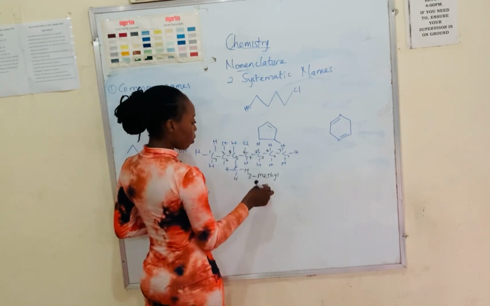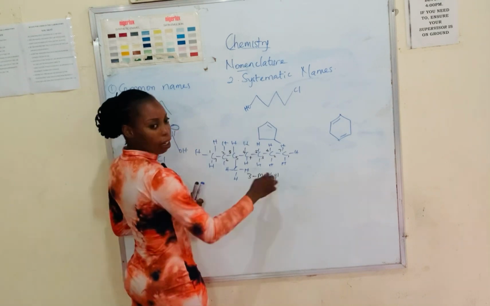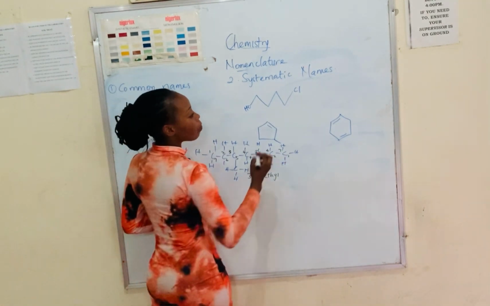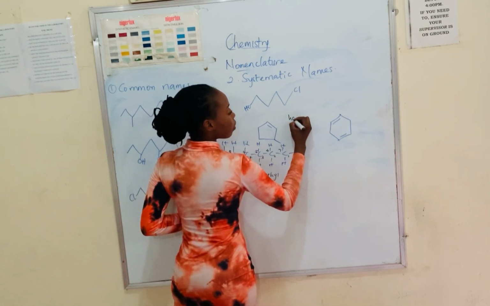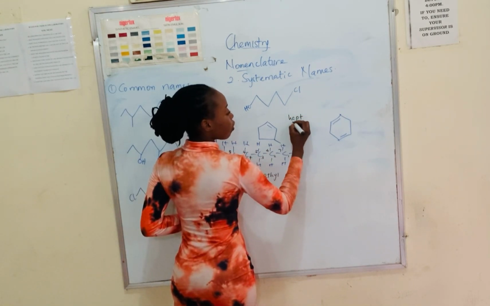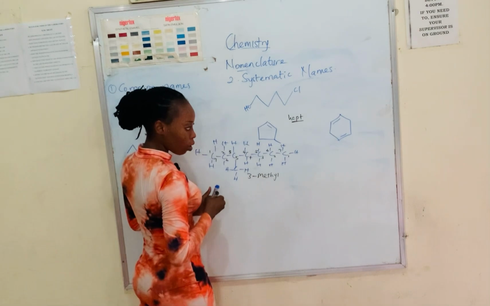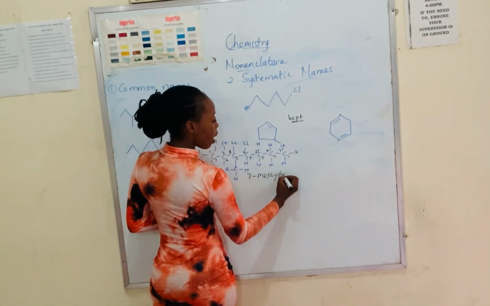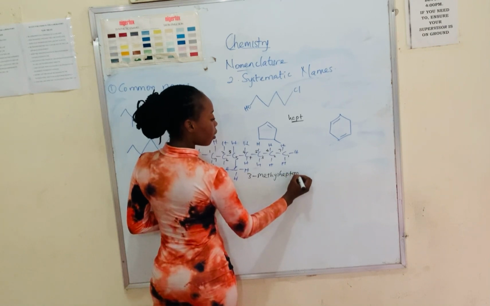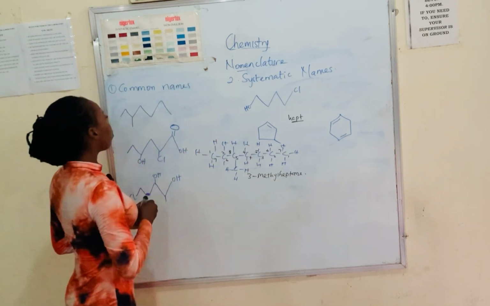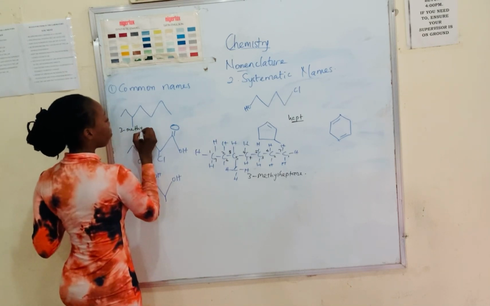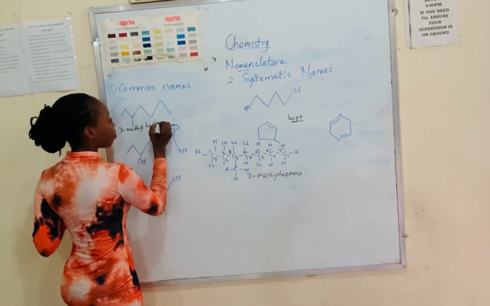So 3-methyl, and then the parent chain has 7 carbons, and so 7 is hept from the nomenclature, and we know that this is an alkane. So we have 3-methylheptane as the name of this compound. So the first one is 3-methylheptane.